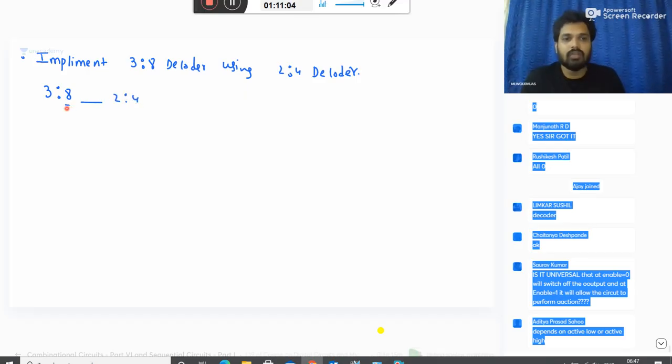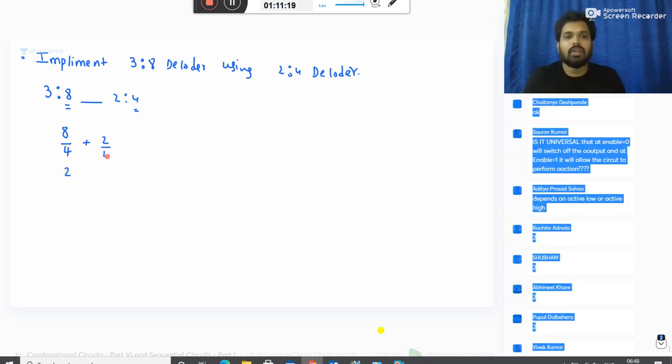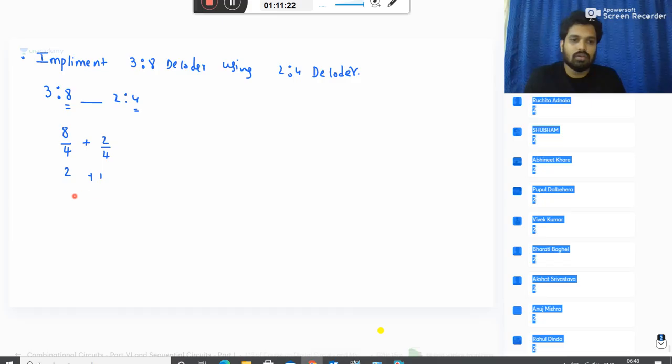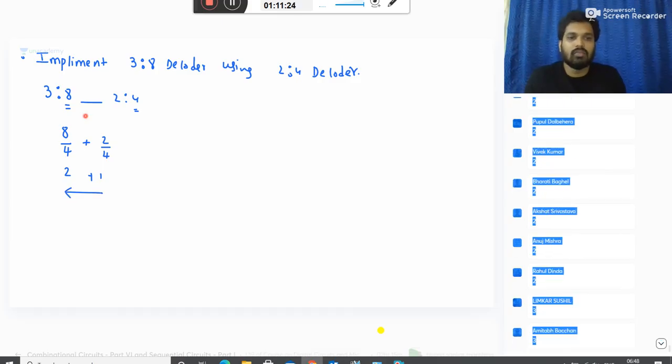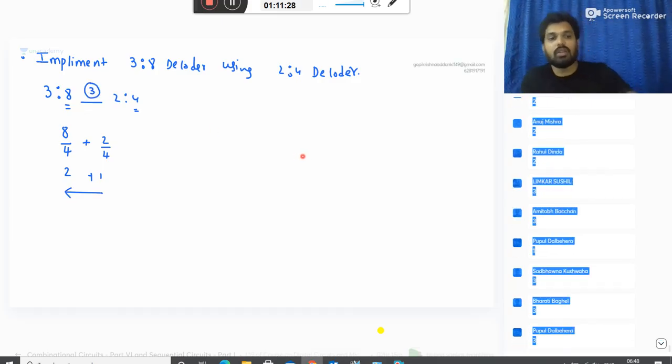The rule is the same as DMUX because the circuit is the same as DMUX now. So I'm not doing all those problems again. 8 by 4, what is the answer? 2, so 3 decoders are required. First is 1, next is 2.